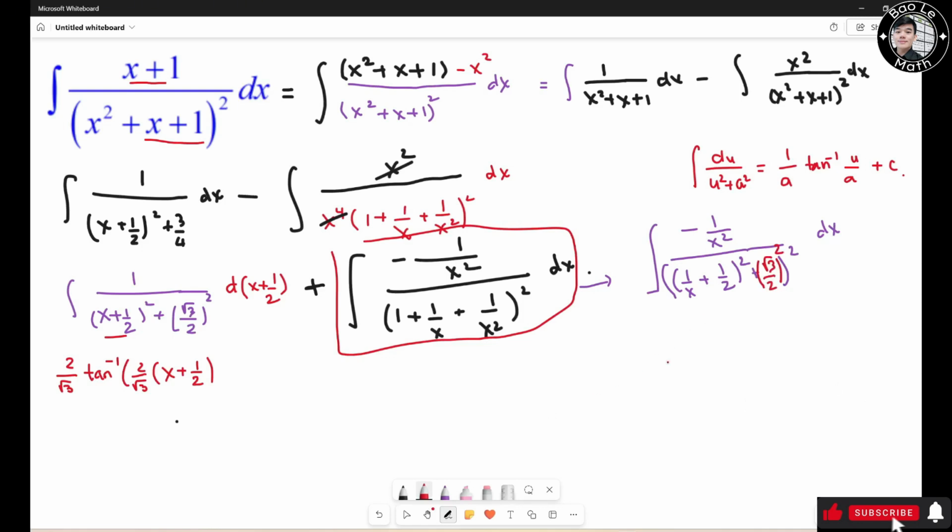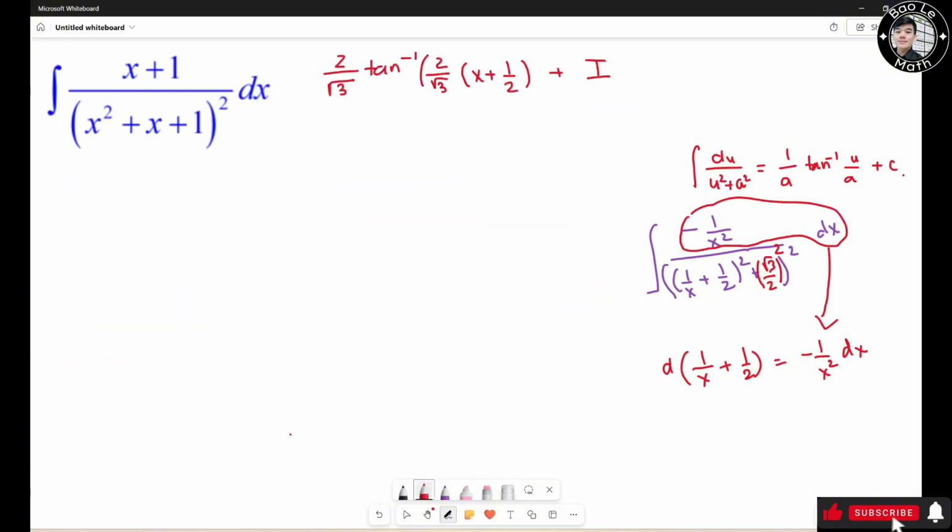Observe that if I take the derivative of 1 over s plus 1 half, it turns out to be negative 1 over s squared ds. So I just replace this with this. I call this one I.